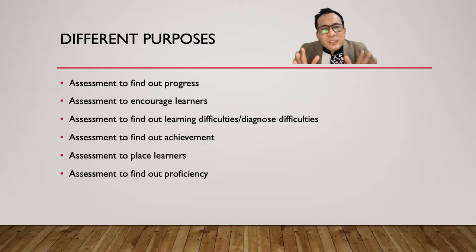So to distinguish between achievement and proficiency, you have to know what kinds of goals you achieve. If the goal comes from the syllabus, it is called achievement. If the goal comes from the general area of knowledge, it is called proficiency.